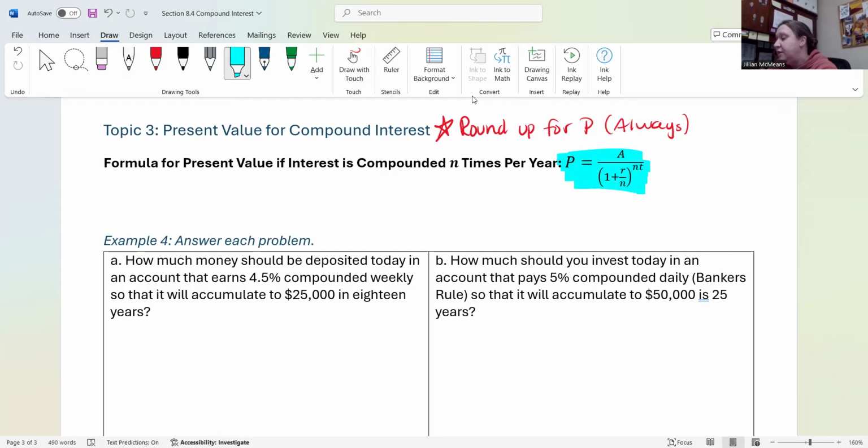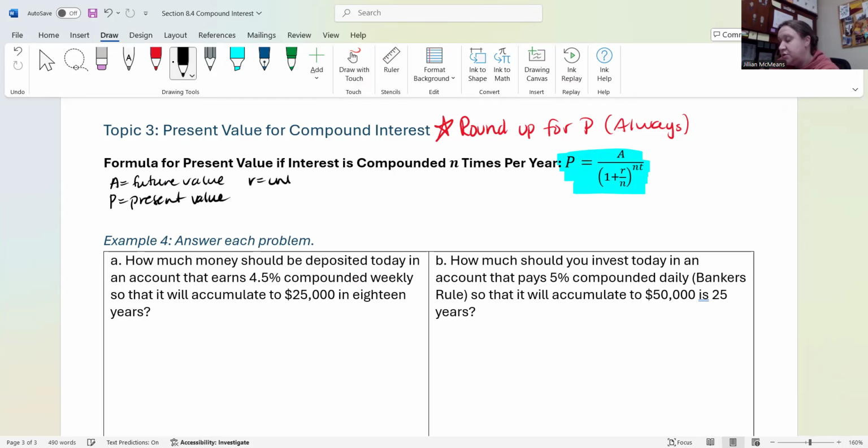So when you're calculating present value with compound interest, the formula is P equals A divided by (1 plus R over N) raised to the N times T power. And the variables mean the same thing. So A is future value. P is present value or principal.